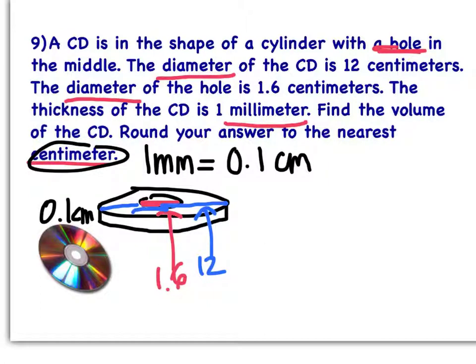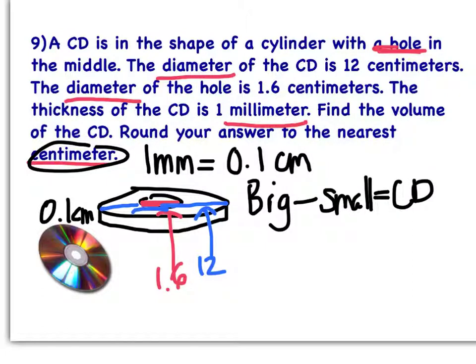All right, let's see. I hope you said we're going to take our big cylinder and subtract our small cylinder, and what we'll be left with is the actual CD. So let's go ahead and take a moment. We're going to pause this video. I bet you guys are so capable of telling me what this number is.